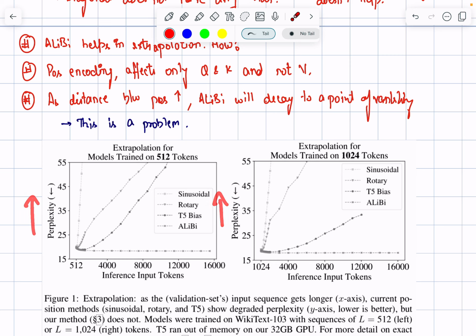We saw in a couple of videos earlier that for perplexity, the lower the value, the better it is. Perplexity essentially is directly proportional to the negative exponential of the log likelihood of the word or the sequence that is going to be generated next, right?